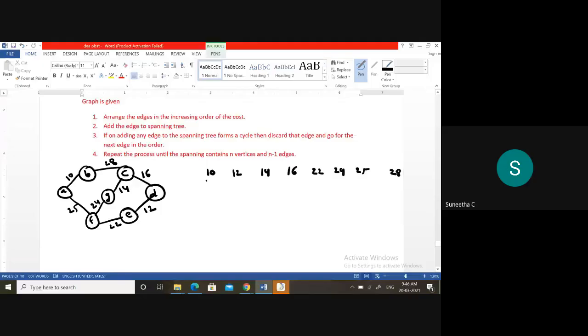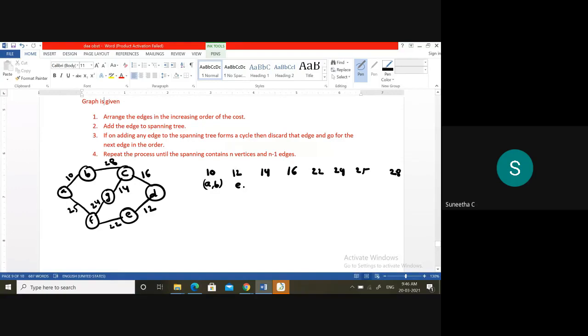Next, you write the corresponding edges of the costs. So 10 is the cost of which edge? It is the cost of the AB edge. Next, 12 is the cost of which one?